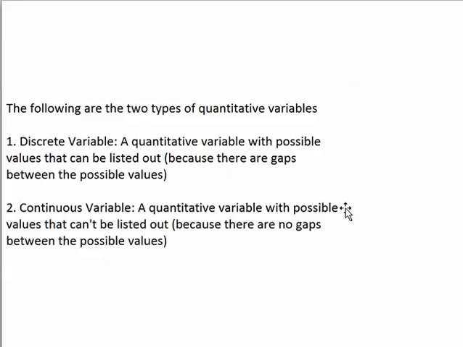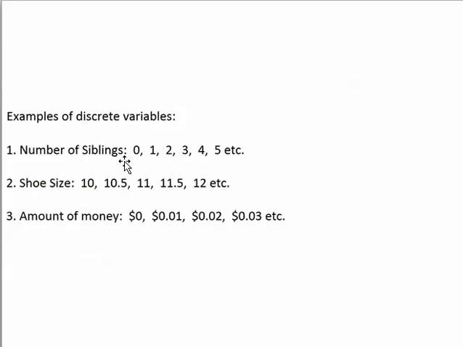Let's look at some more examples of discrete and continuous variables. These variables are all discrete because each of these variables has gaps in between the possible values. A person could have 0, 1, or 2 siblings, but a person couldn't have 0.1, 0.2, 0.3, or 1.1 or 1.2 siblings.